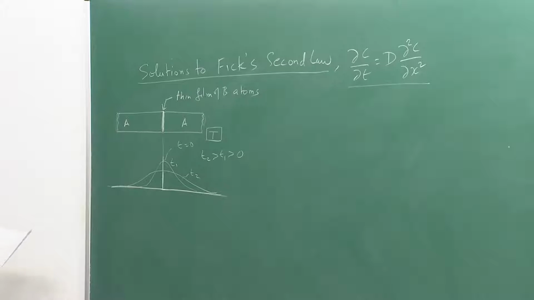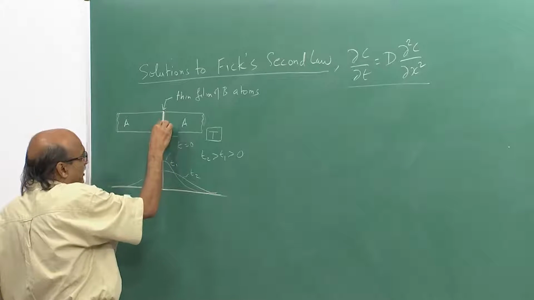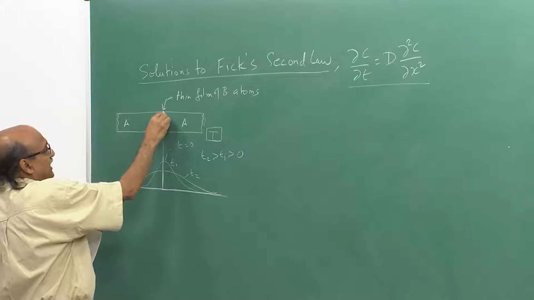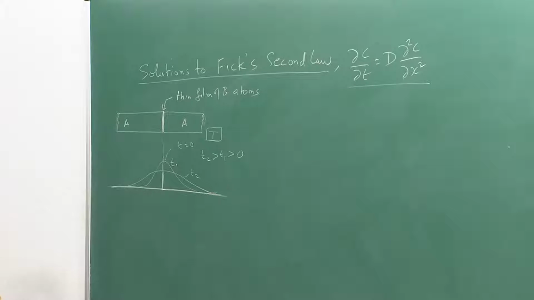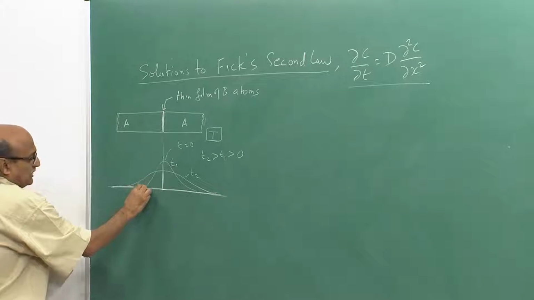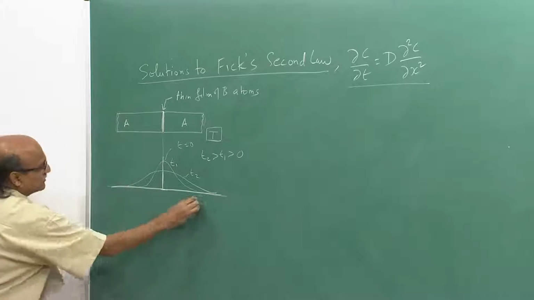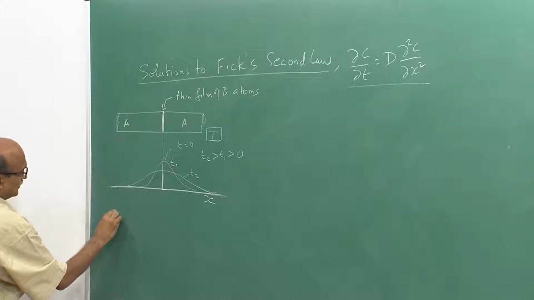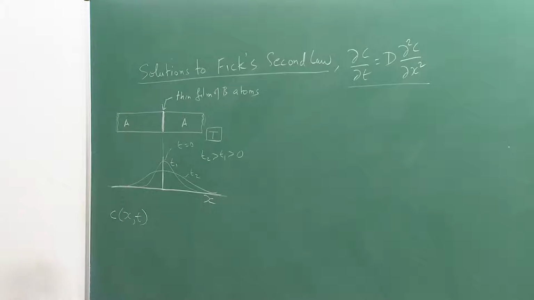Suppose in this thin film I had n atoms of B per unit area, then these concentration profiles as a function of time and distance are given by the following solution of Fick's second law.